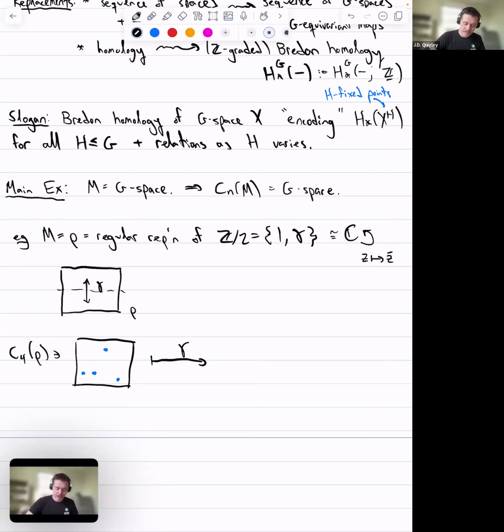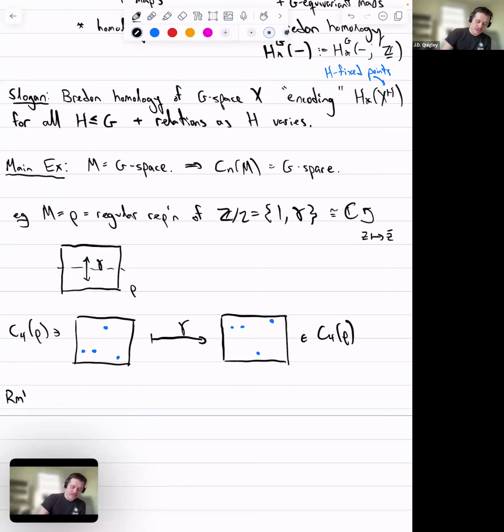And in particular, it'll move those labeled points, or the points in my configuration. So it'll flip all of them across the real axis to produce a different configuration of 4 points inside this representation. Okay.